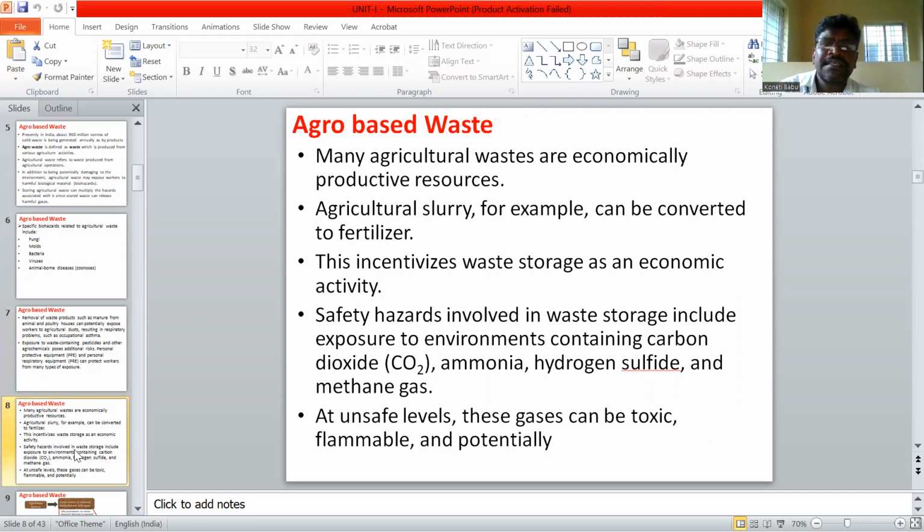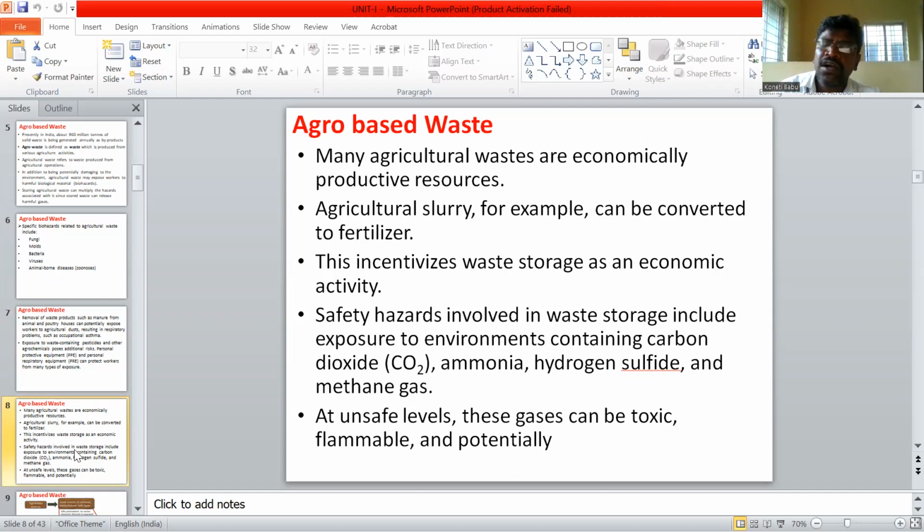Every government provides incentives for storing wastes and converting them into organic, natural fertilizers. That can encourage the farmers.